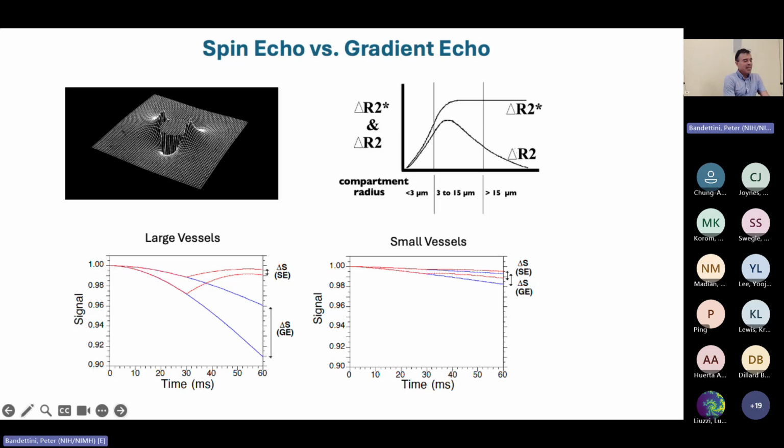And the idea there is that if the compartment size is small enough, on the order of how much spins diffuse in an echo time, then they'll sample a different magnetic field. And then they'll spin at different frequencies. And then they won't completely realign in that regard.